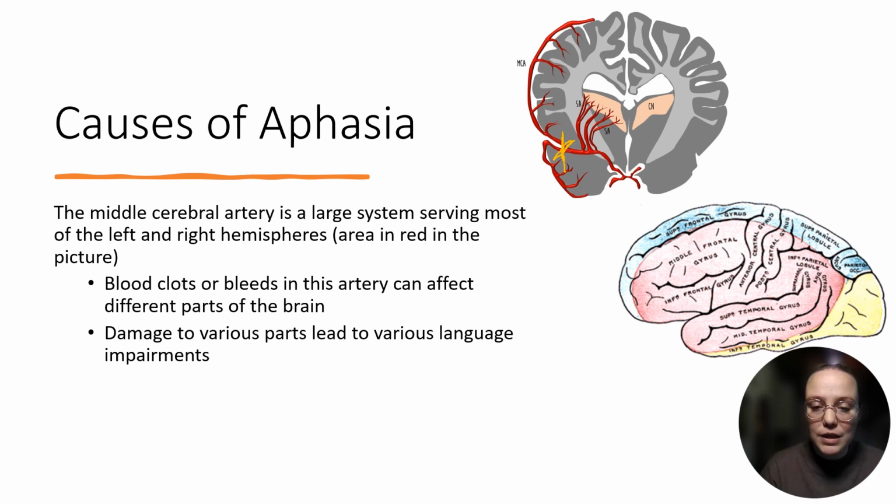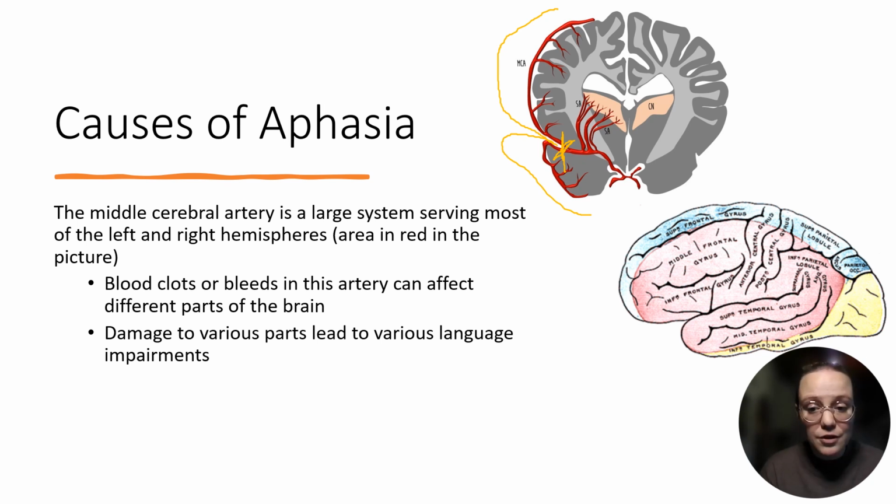What is going to happen is that blood flow beyond the clot, meaning all of this and all of this, is going to be reduced or completely cut off. In this case, the stroke is going to affect both the inferior and the superior territories of the middle cerebral artery. This would be a very large stroke if the blood clot happened there.